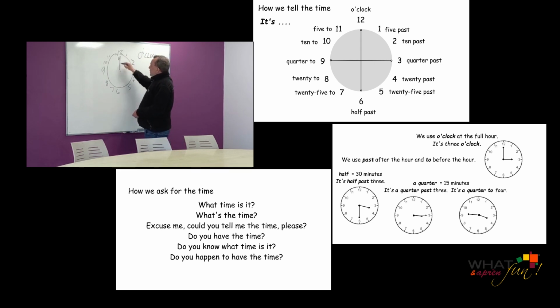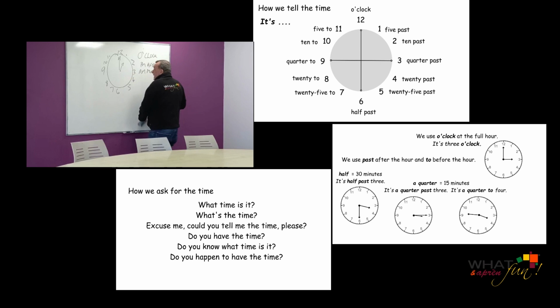So big hand on the 12, small hand on the 1, and it's 1 o'clock. And then we had PM for the afternoon and AM for the morning. 1 o'clock PM.